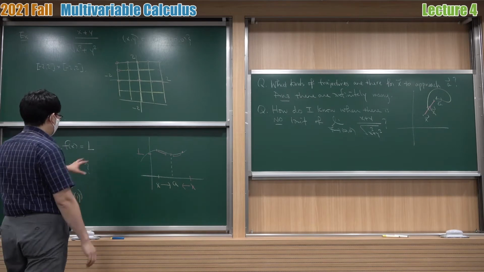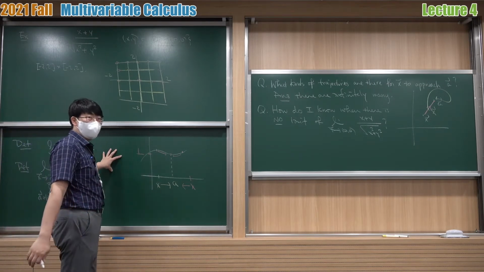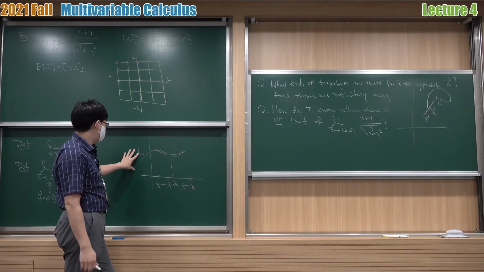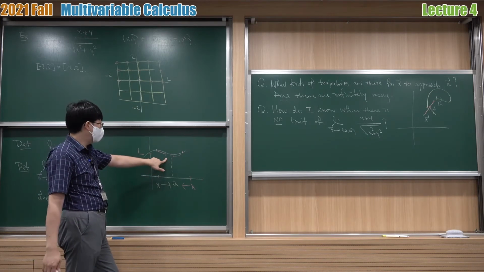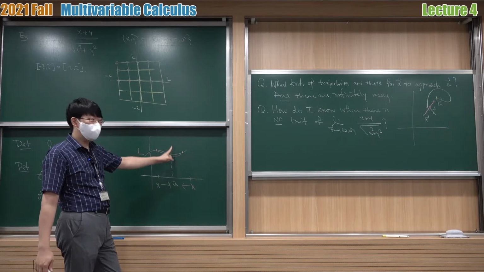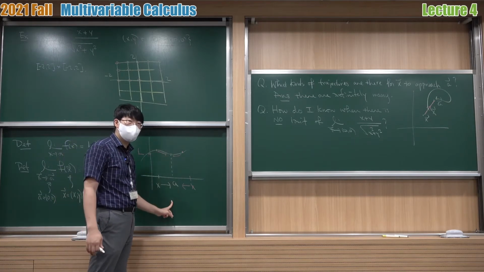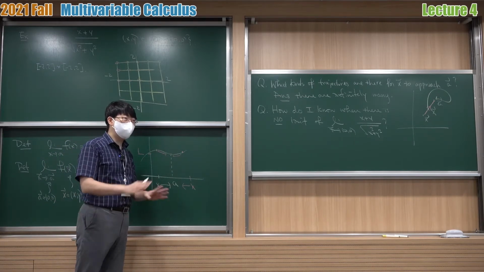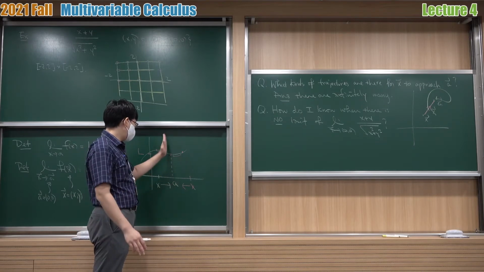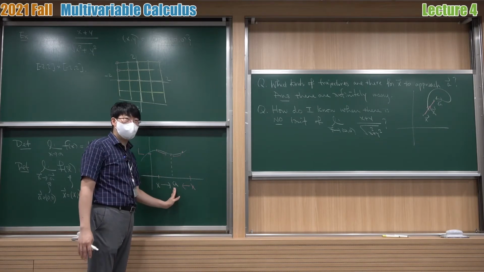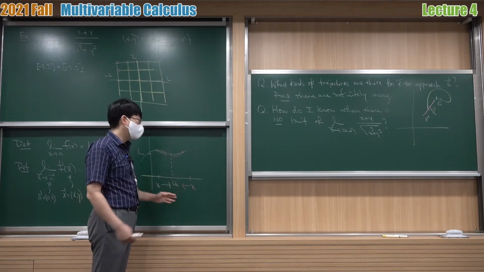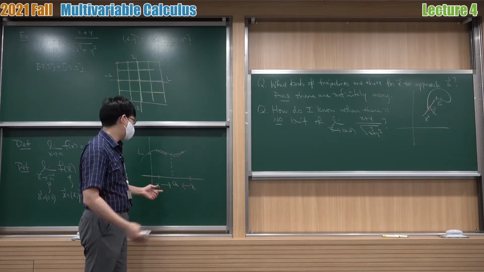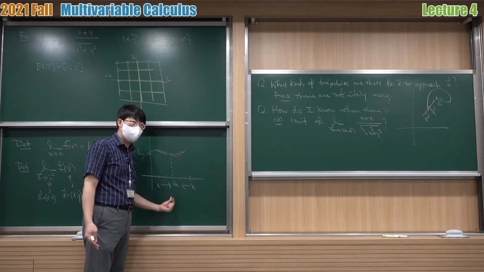So let's reconsider the limit of a single variable function. There are two possibilities for the limit not existing. The first is that the function diverges at the point. Limit is nothing about the existence of a value at that point. You don't care what the value of the function is at that point. You care about what happens when you approach that point.